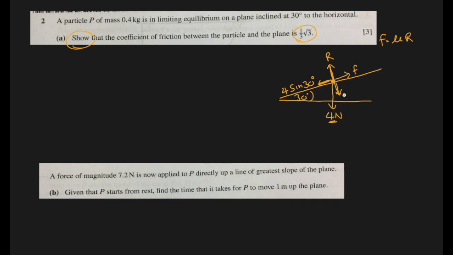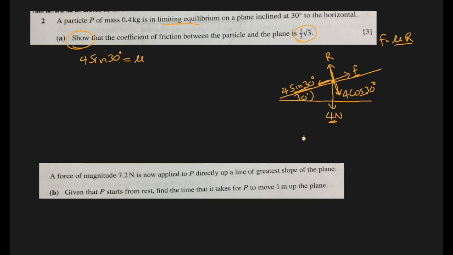This component of 4 newtons is 4 cos 30 degrees. This is sin 30, this is cos 30. That is, this 4 newton force has been broken into two components. Alright. Since it is in limiting equilibrium, that means this force, 4 sin 30, will be equal to the frictional force in this direction. That's why it is not moving, which is mu R. Mu we have to find, and R we just found.